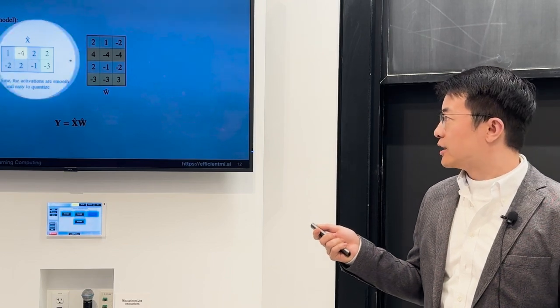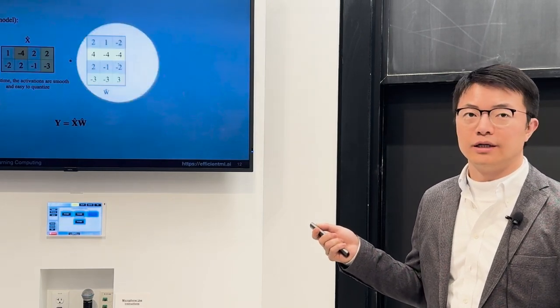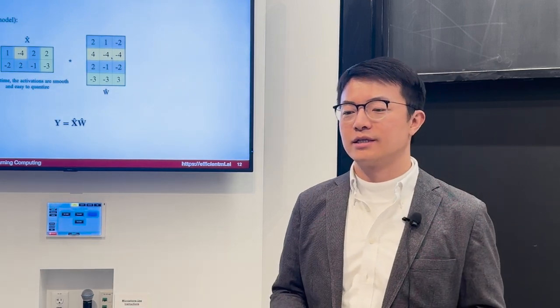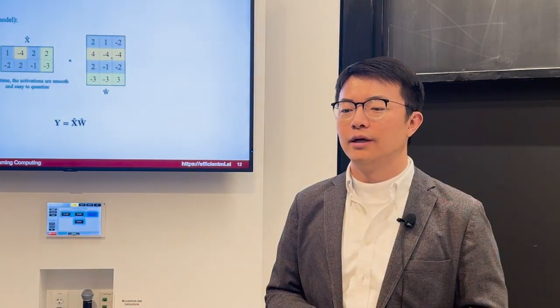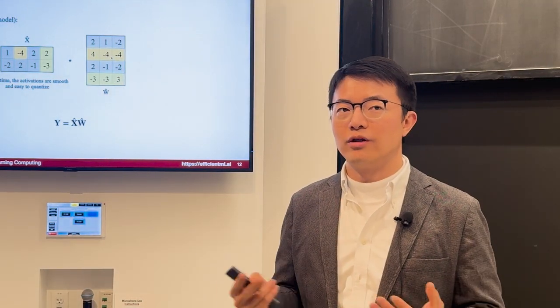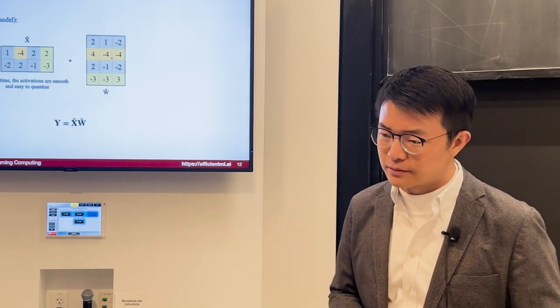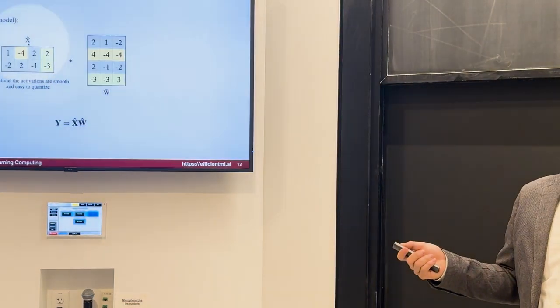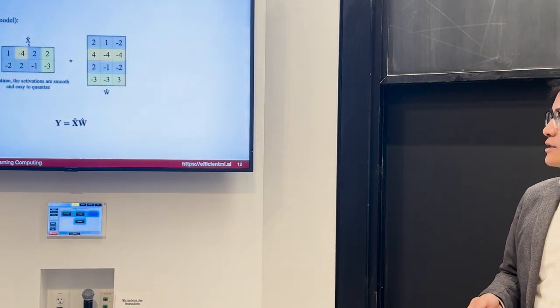Okay? So at inference time, we are just calculating the multiplication of these two matrices, the scaled X and the scaled W. And they're all in integer without any runtime overhead. And the outlier problem is also solved in this case.